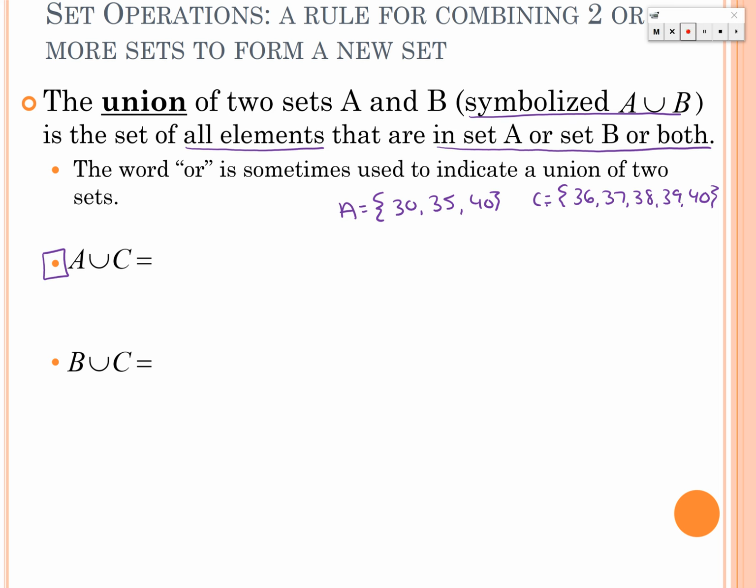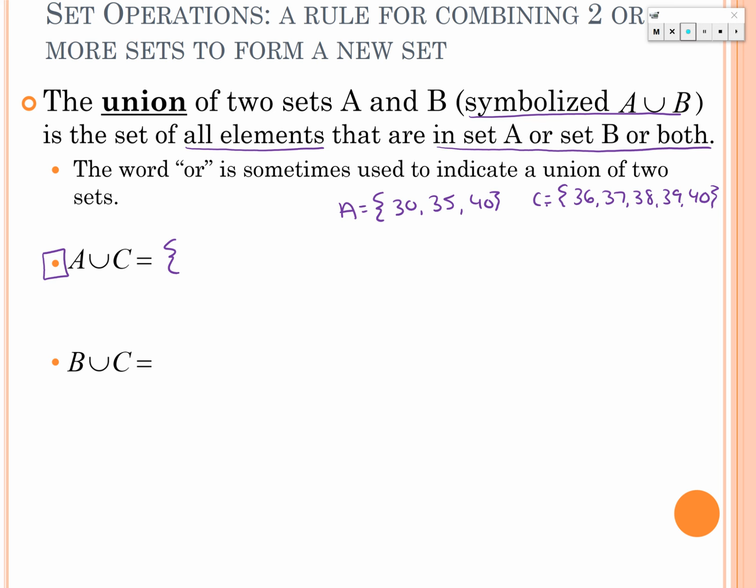So for the union, I want everything that's in A or C, or it can be in both. That's okay. So basically, when we unite 2 sets, we take the 2, we smash them together. We don't write repeated elements. So we see that 40 is in both sets. I only write 40 once. We talked earlier, the order doesn't matter.